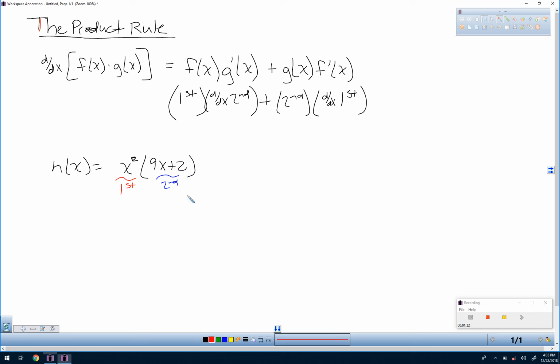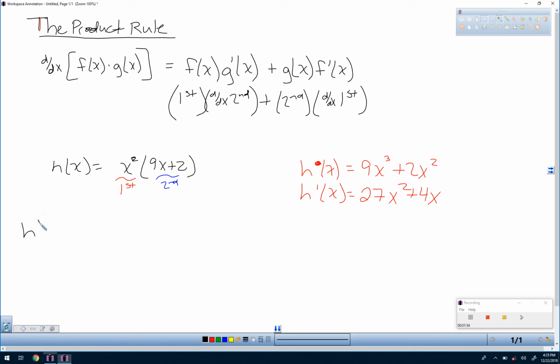Now, what's interesting, guys, is that you could actually find the derivative of this without the product rule by simply distributing this x squared, so you get 9x cubed plus 2x squared. That's not the derivative, that's just distributing, and its derivative would then be 27x squared plus 4x. So you don't necessarily need the product rule to find this derivative. We can find it with it, though.